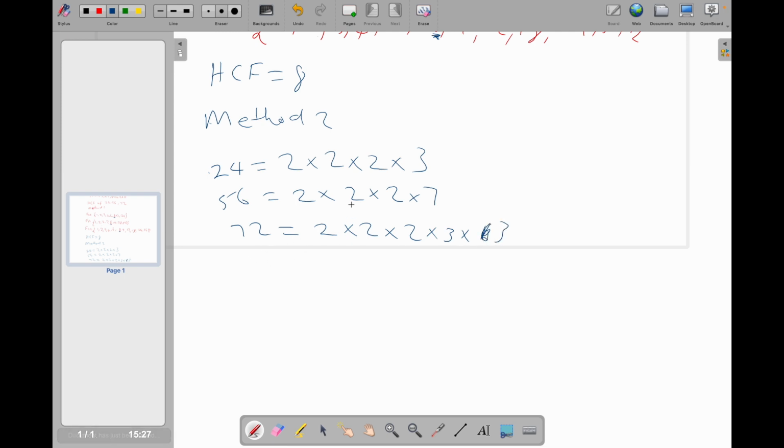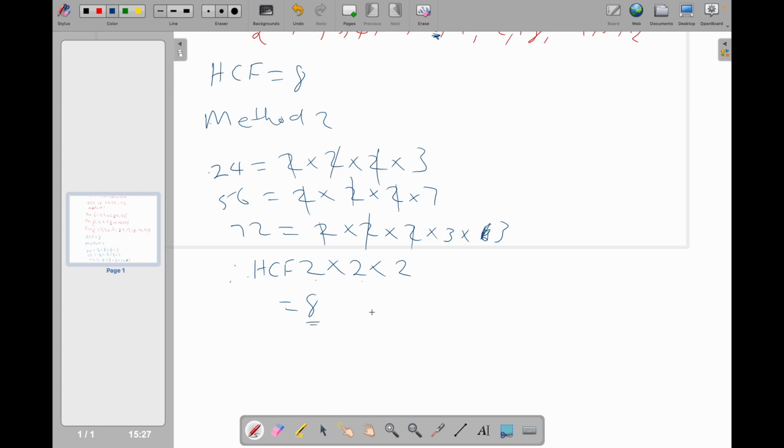Okay, so now we are looking for highest common factor. So 2, 2, 2. Put them here. Multiply by 2, 2, 2. And we don't have anything else common, so the answer here will be 8. 2 by 2 by 2, 8.